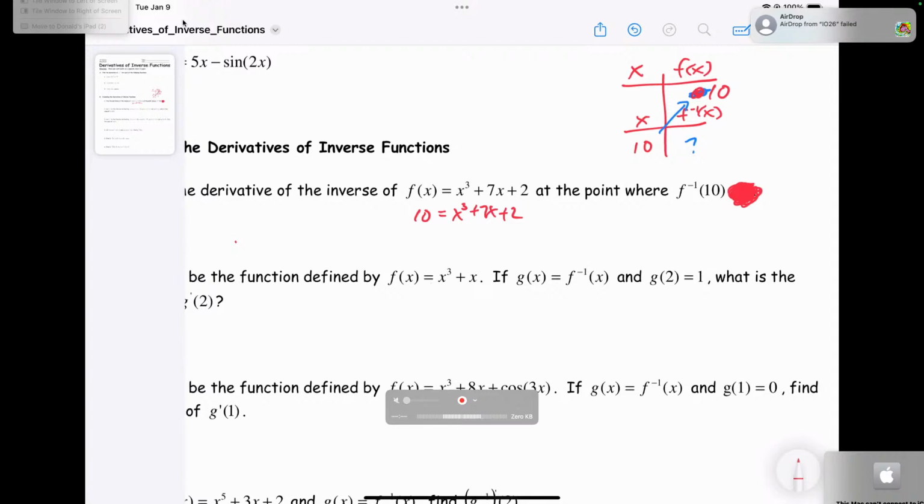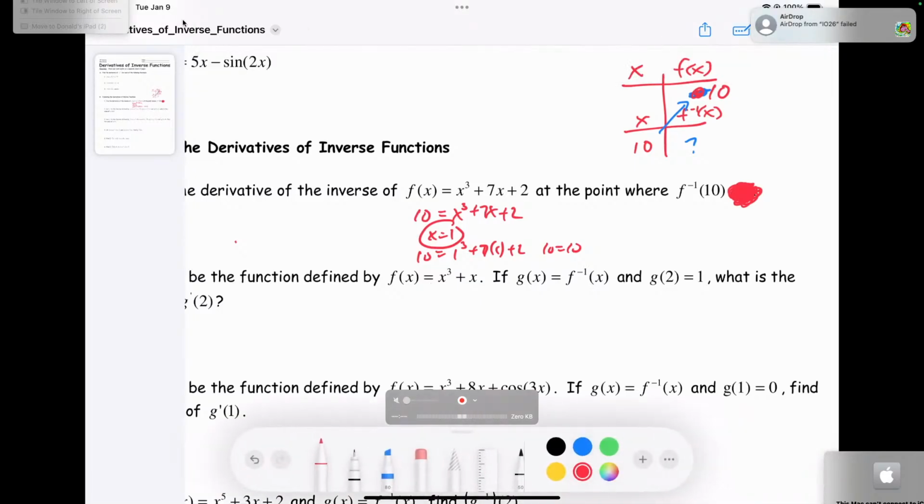You can think about which number I plug in will hold true, which in this case is x equal to 1, because 10 equals 1 to the 3 plus 7 times 1 plus 2, so 10 equals 10. So x equal to 1 is actually a solution. But what we just found out is this one becomes the 1.